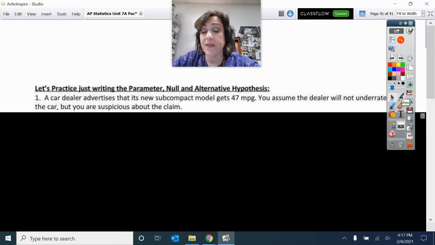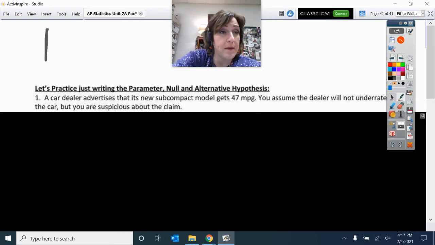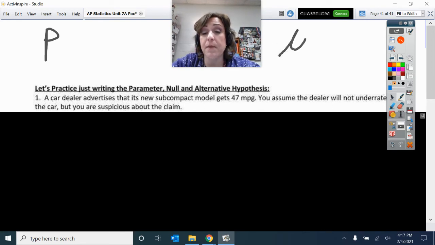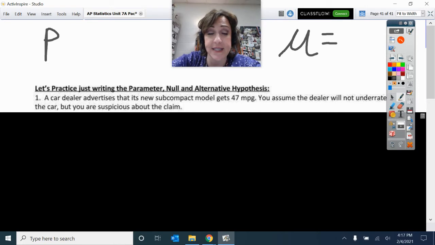Be aware that sometimes these will be about a proportion, so you'll be using p and defining the parameter, the proportion. Sometimes we'll be talking about an average, so you'll be defining a mu. That's what defining the parameter in context is.